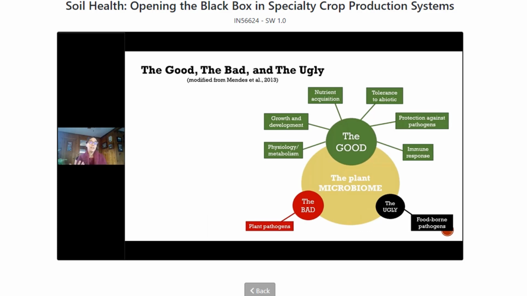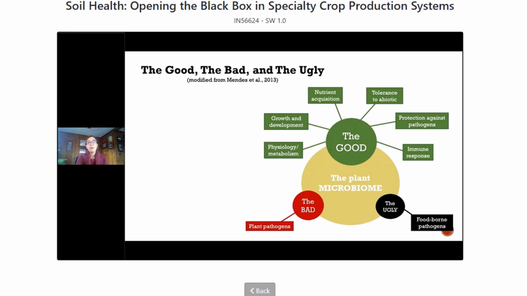And so there's a lot that we do know and a lot that we don't know. But what we do know is that some of these microbes can be bad. So things like plant pathogens, we've known for a long time, and these have been very well studied, that these microbes can negatively impact the health of plants. We now know that there's some foodborne pathogens, things like Salmonella and E. coli, that are really bad. So these don't necessarily negatively affect plants, but they can attach to them and negatively affect our health when we eat these plants.